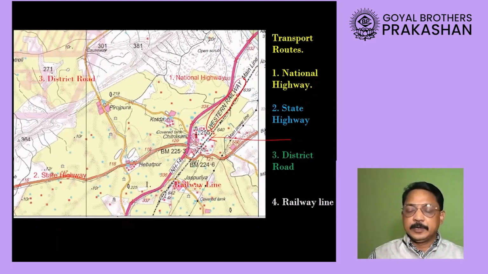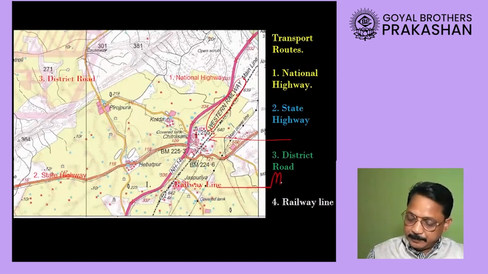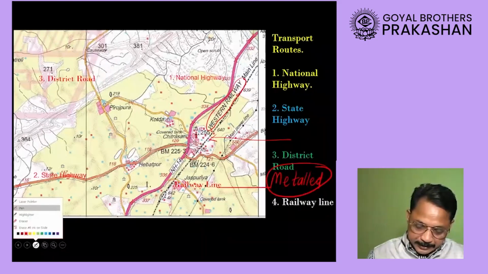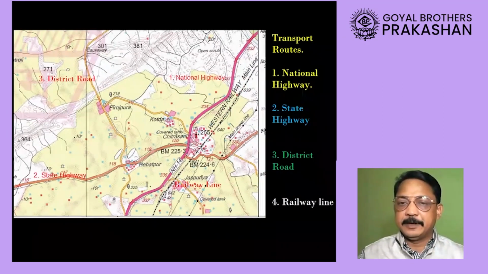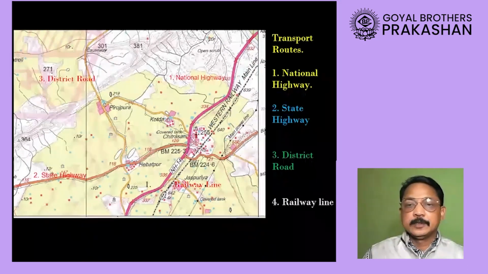Okay, now instead of calling them national highway, state highway and district road by their proper names, we can simply call them by a common term, that is metalled road. The meaning of the word metalled road is a tar road or a road that is made up of cement.